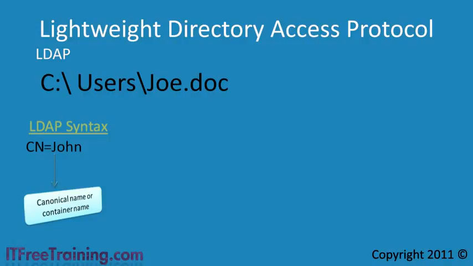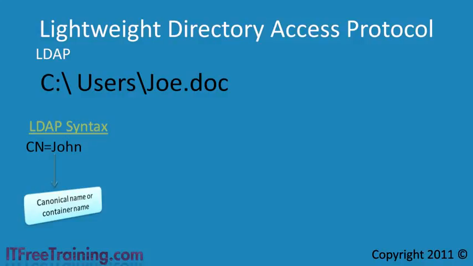As you can imagine, there could be more than one object in the database called John, so we need to tell LDAP where this object is located. This is where LDAP syntax may confuse some people because it is in the reverse order to, say, a file name and path on the hard disk.